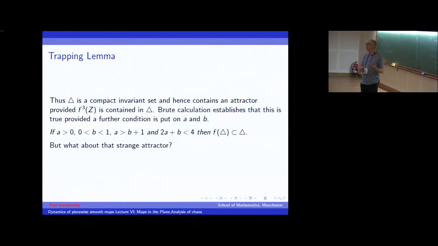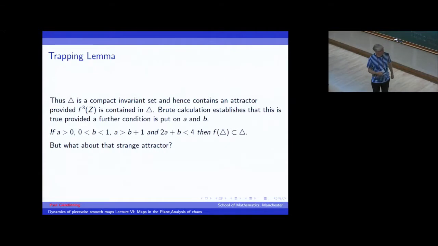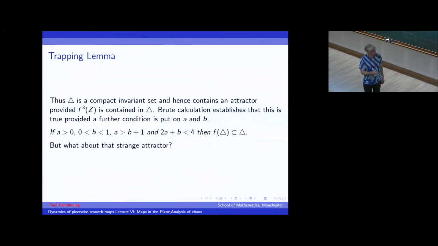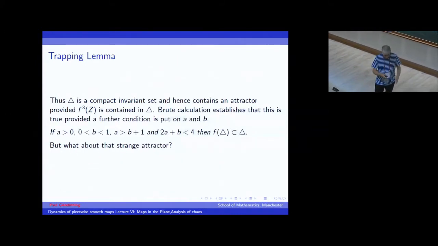I've spent a long time on that picture because I want you to get a feel for the types of argument one makes, that you move very much from an analytic thing to a geometric thing. So here's my condition for the trapping region: f3 of z is contained in the triangle, and then you calculate what that means.